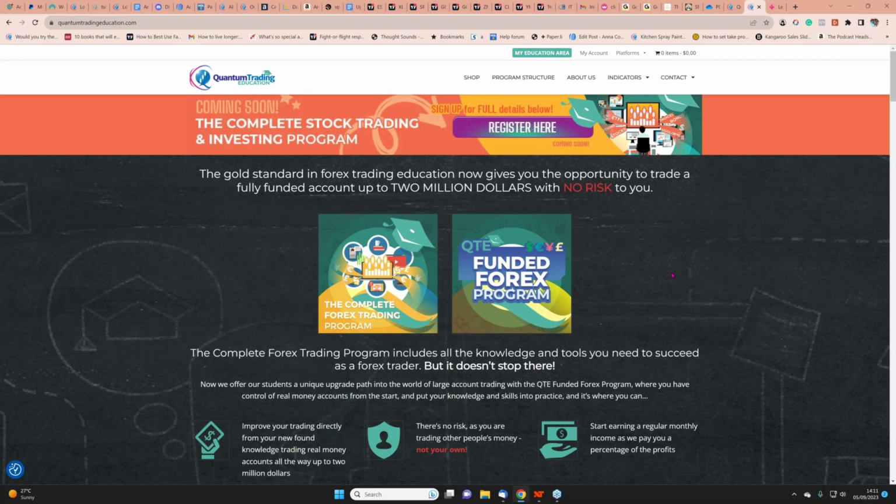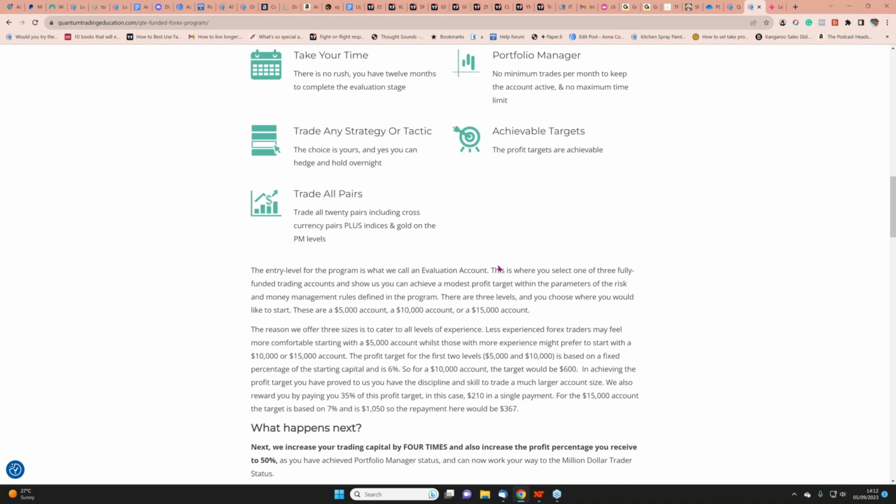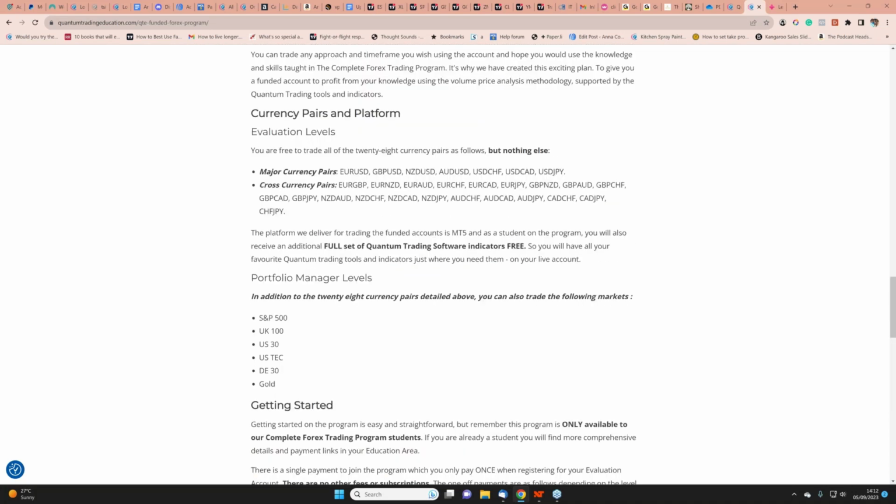The evaluation stage is limited to just the 28 pairs, but as you move up to the next level, we give you access to indices and gold as well, so you can trade commodities and indices in that next level, what we call the, oh, where are we?